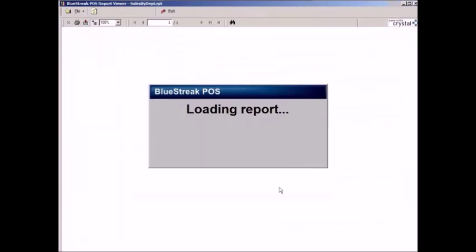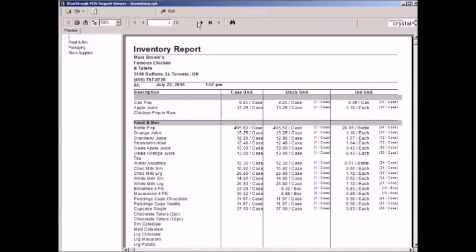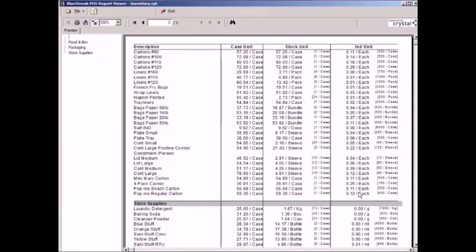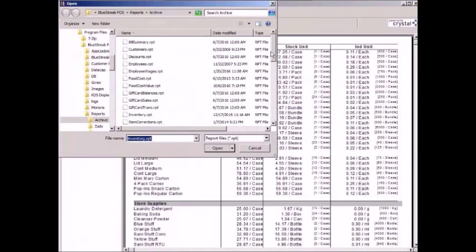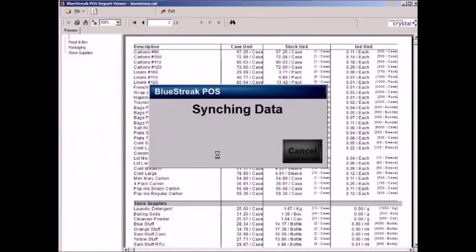So if I run this, once your system is updated, you would see all the items in your system and how it was set up by pack size for every item. And then secondarily, you would also be able to run the recipe report if you were ever curious to see the recipes.